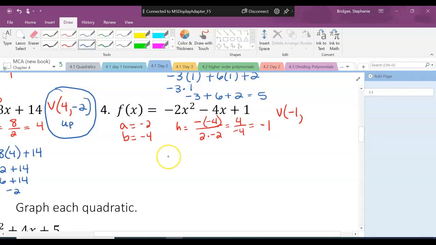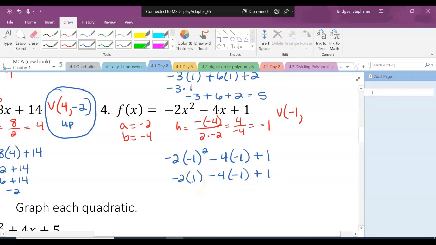Then I'm going to plug that in. And again, be careful. That negative 2 is outside. The only thing that's going to get squared is that negative 1. Starting with my exponents, what is negative 1 squared? 1. Okay, I'm just going to show all my work real quick. Then I can multiply.